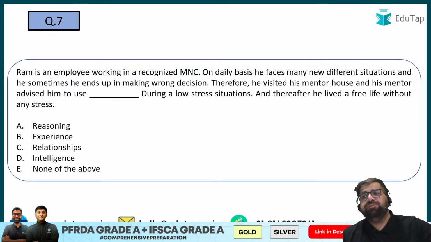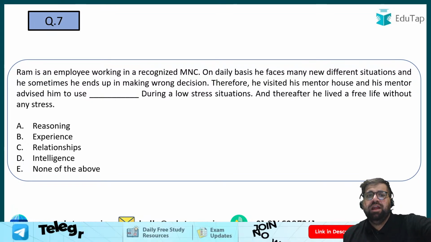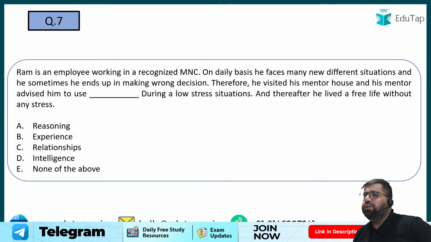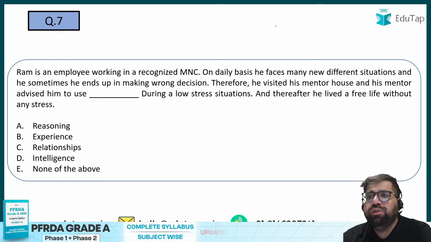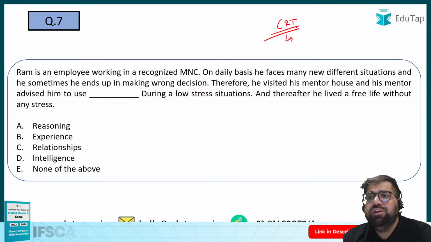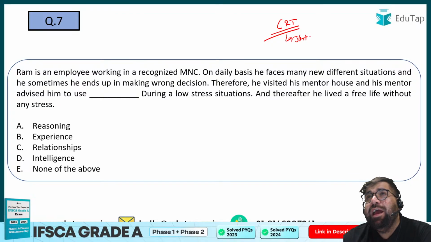Therefore, he visited his mentor's house and his mentor advised him to use dash during a low stress situation. Now, you all know that in leadership, there is a theory which we call cognitive resource theory. Cognitive resource theory was given by Joe Garcia and Fred Fiedler, right?